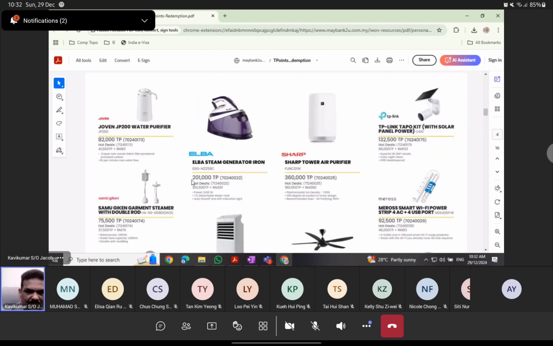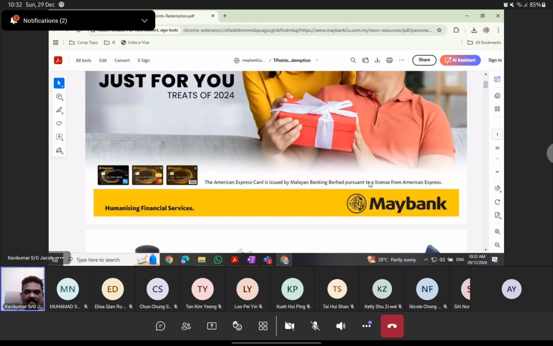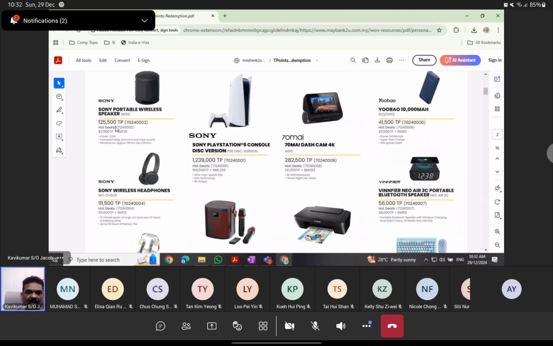If you have 200,000 points, you can redeem them to buy this Elba steam generator iron box, right? It's based on the value. It's actually how we get these points, through your money transactions on your account. So you can redeem the points.